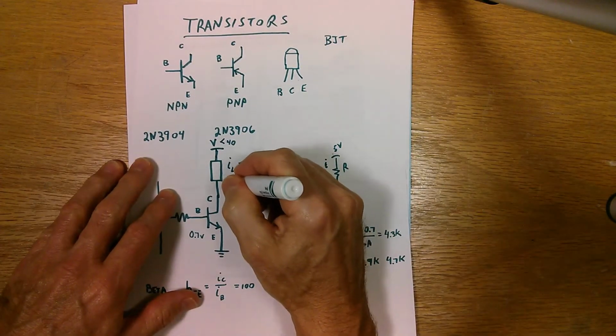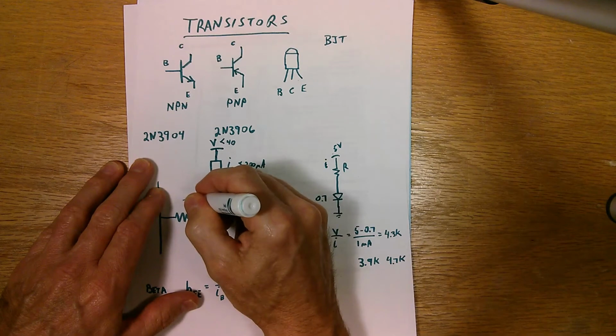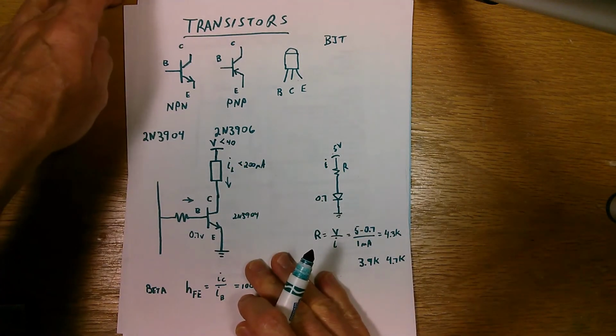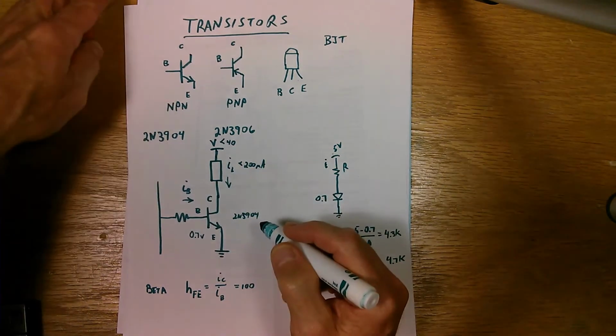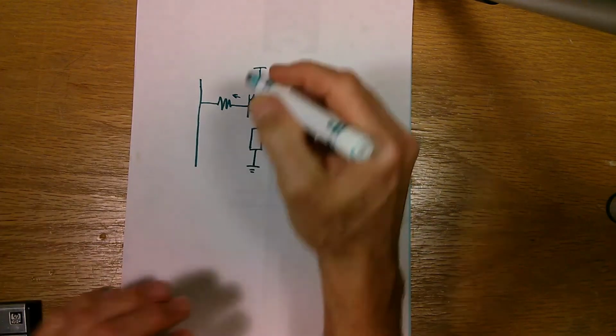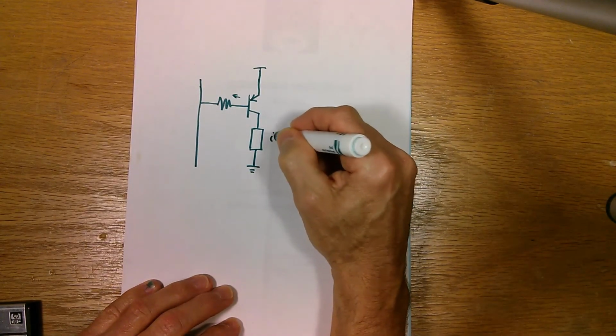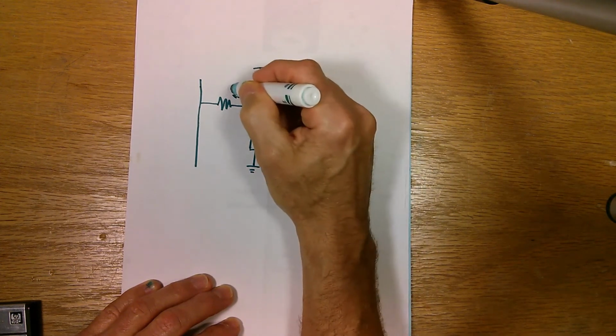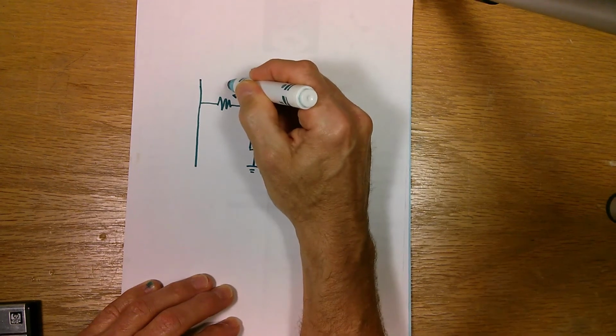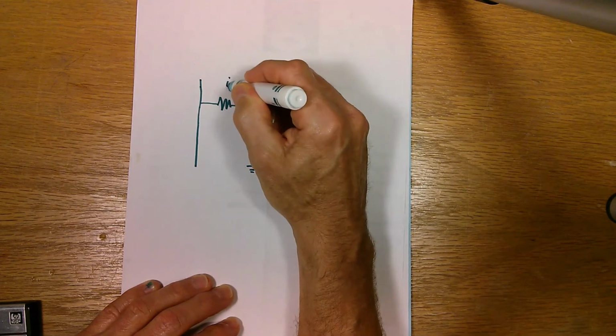In the previous case, you had the collector current flowing this way, and the base current flowing this way. I'll draw it out here, IB. In this case, the load current, IL, is flowing this way, and the base current is flowing the other direction. It's going out of the base, IB.